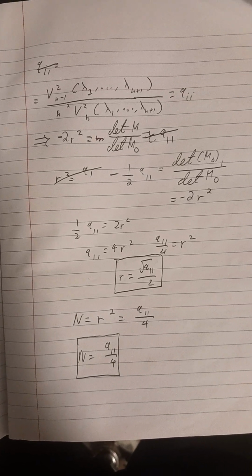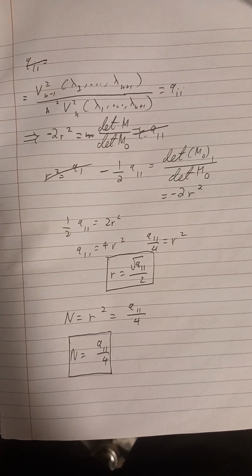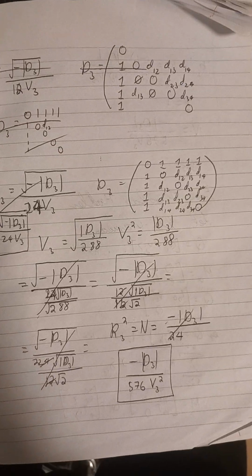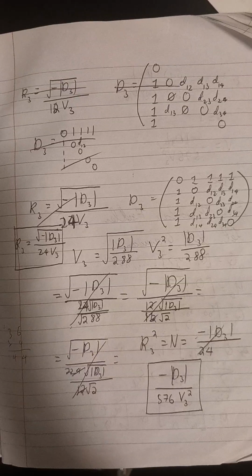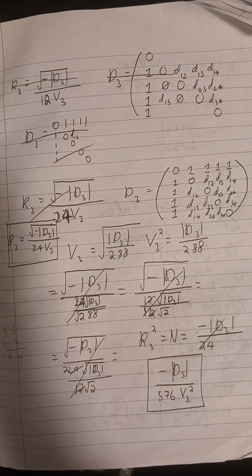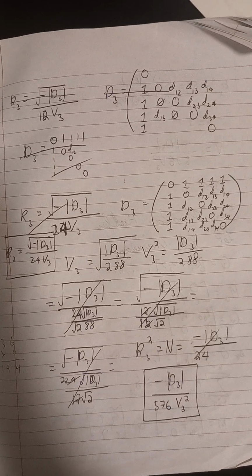But the thing is that this question specifically mentioned that all vertices should be integers. So if we go back to an original form of this, we find that we use 288, as 288 is equal to 12 squared times 2.